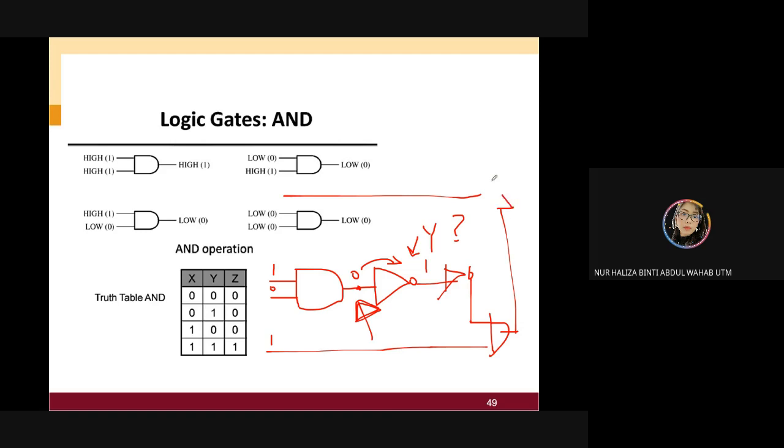So you connect to an OR gate. So that is the output, and then your output maybe goes to the OR gate and a NOT gate, and then there is another input. So what is this answer?